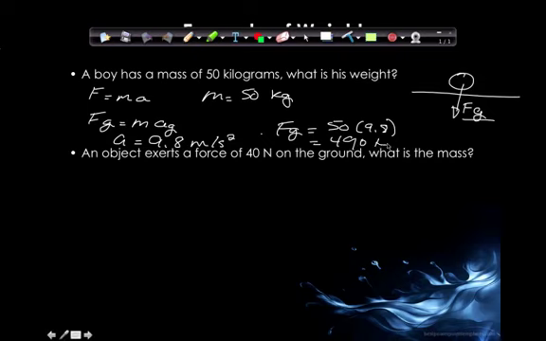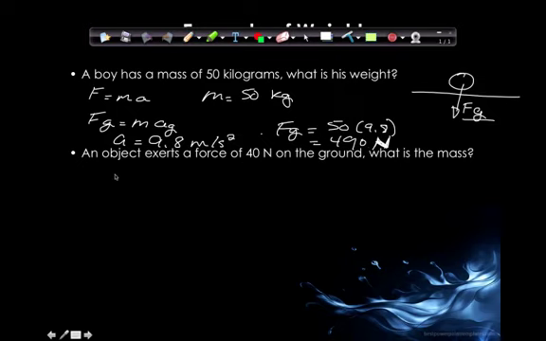And it's okay that our weight is in newtons. Newtons can be a unit of weight. Okay, so his weight is 490 newtons. And in certain problems you might get a question asking for his weight in pounds. You would have to know a conversion factor for that.